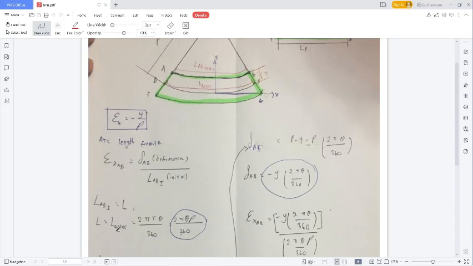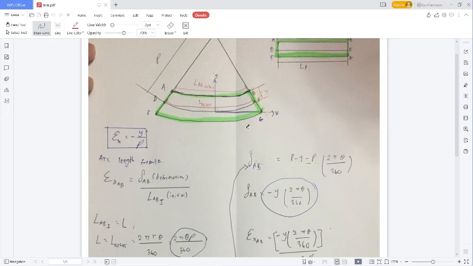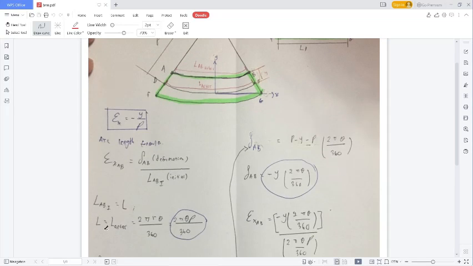The neutral surface DE will have no elongation, no deformation, so the length after and the length before at DE are equal. So length L is equal to L after.